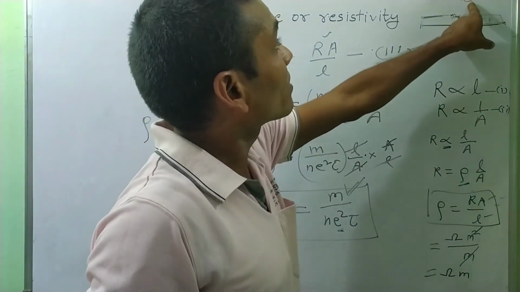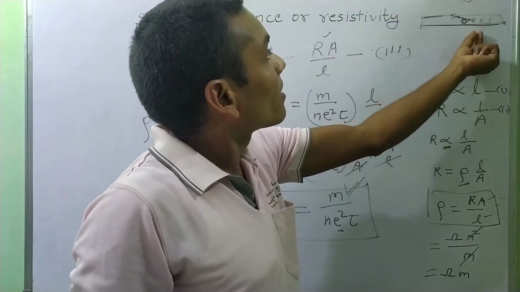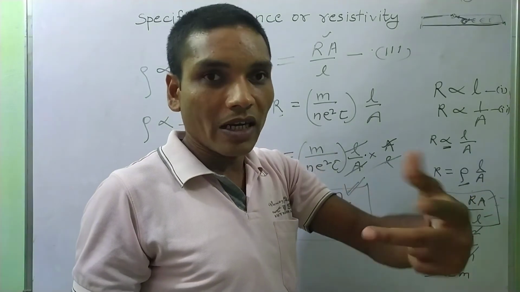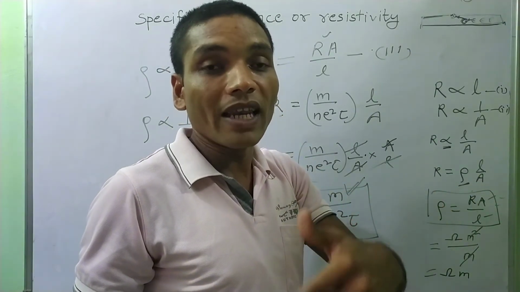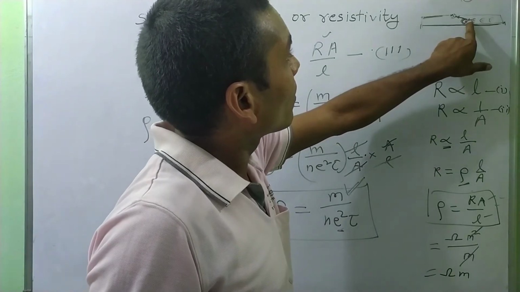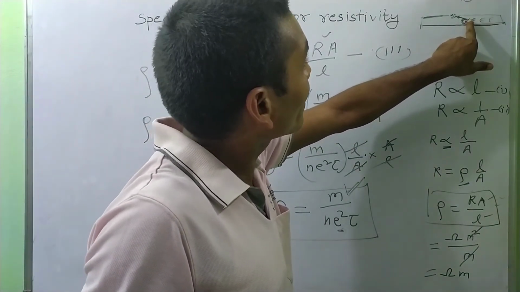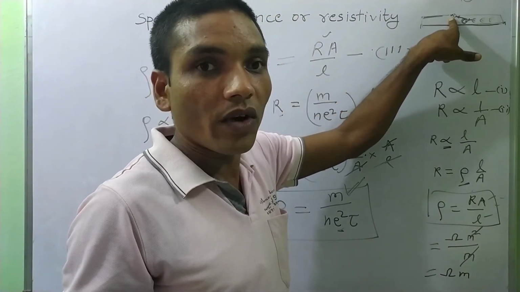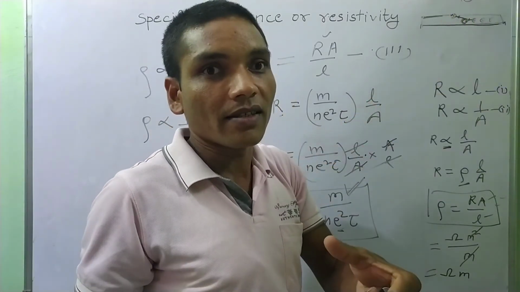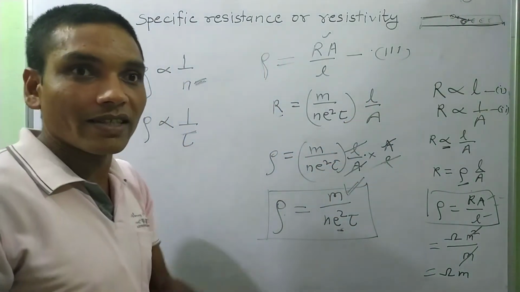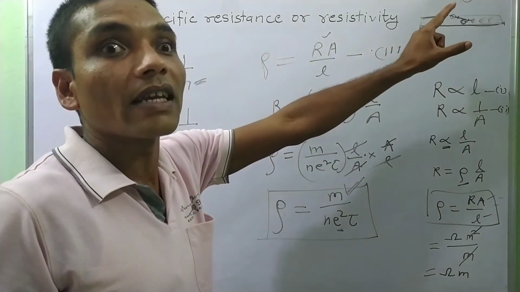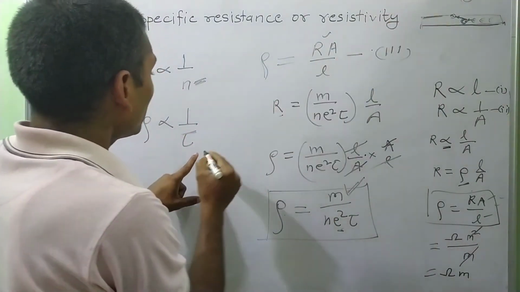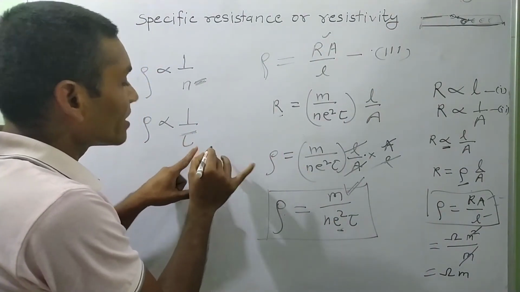Okay, if temperature is increased, then the electron will get more energy and the velocity, or the drift velocity, of the electron will increase. Then this electron will reach this atom or this ion early, which means the time will decrease. So the relaxation time decreases when temperature is increased. When temperature is increased, tau is decreased.